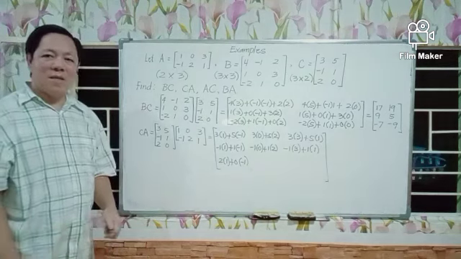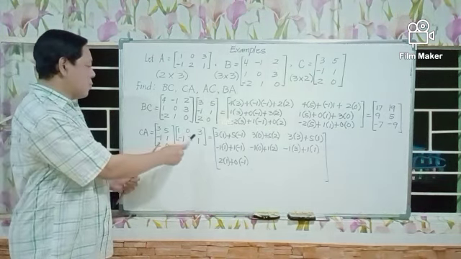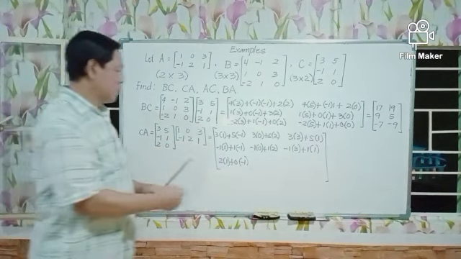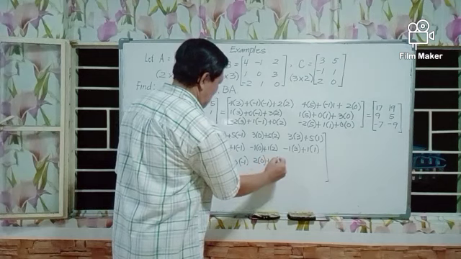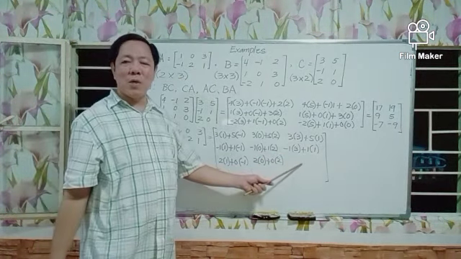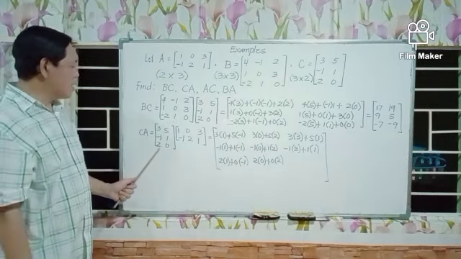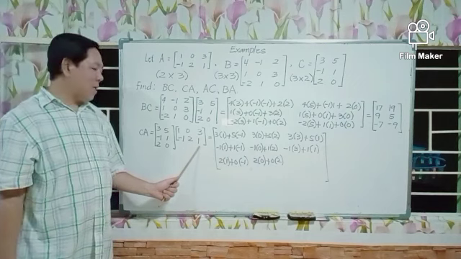Now we multiply the third row by the second column. 2 by 0 plus 0 by 2. And the last entry in the third row and third column is obtained by multiplying the third row of the first matrix by the third column of the second matrix.